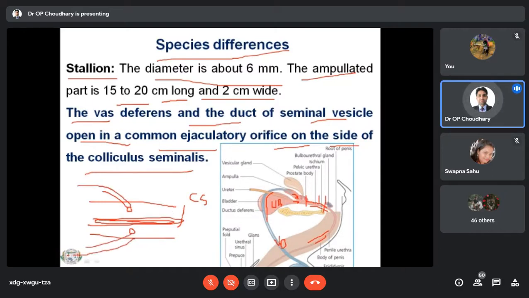They are coming, and along with it there is the secretion of the seminal vesicle through this common opening. But in case of the ox, the openings of the vas deferens and the seminal vesicles will be two. Means in case of the horse only one, but in case of the ox or other animals there will be two openings, one for the seminal vesicle and one for the vas deferens, on either side of the colliculus seminalis.